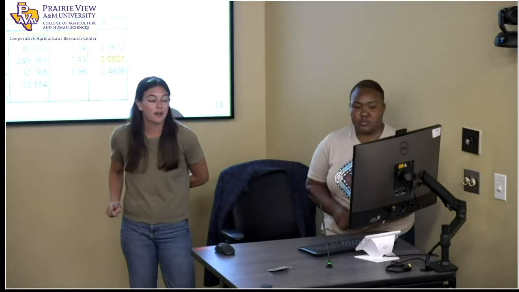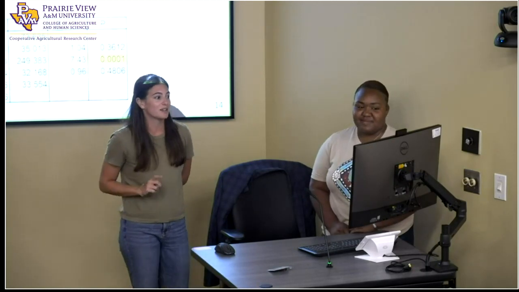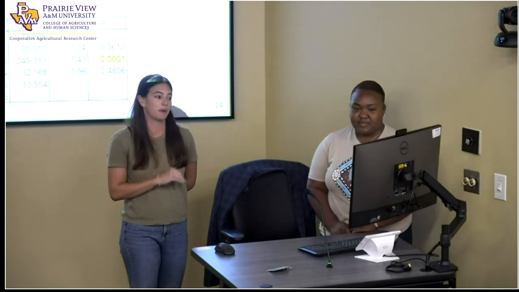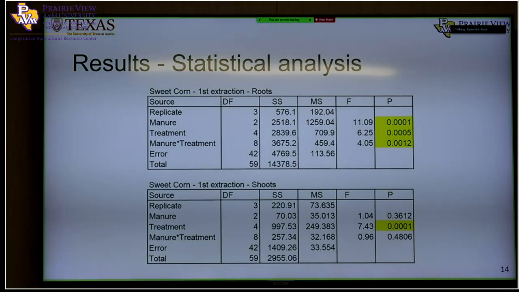So Dr. Awal helped us do some statistical analysis to compare the treatments and the concentrations. The first thing we did was an ANOVA analysis. So p-values lower than 0.05 show that the means of the different factors we're looking at are statistically significant.